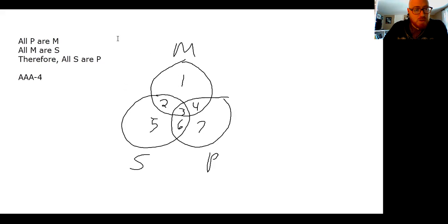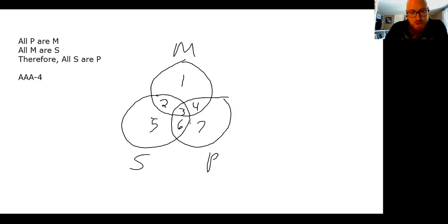Okay. Now, if we wanted to mark this, with all P are M, all of the P's are going to be M's. That tells me that any areas in the diagram where there could be P's that are not M's, that region is going to be empty.